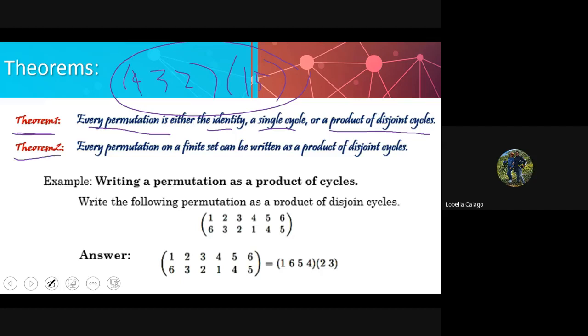Theorem 2: every permutation of a finite set can be written as a product of disjoint cycles. For example, writing a permutation as a product of cycles.